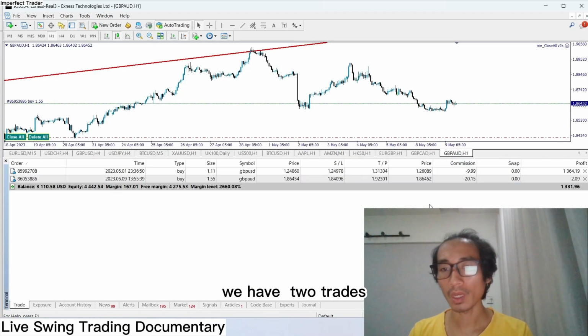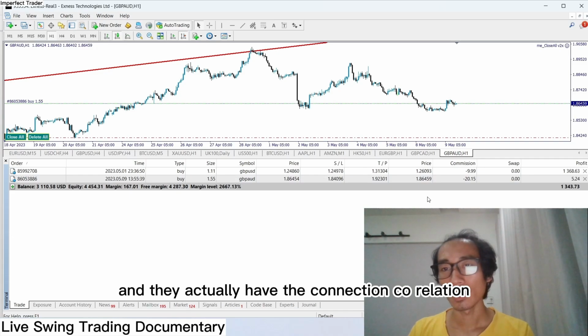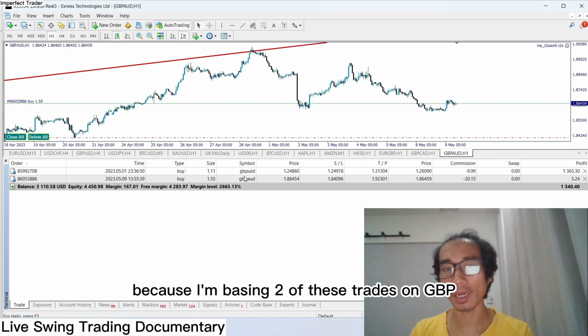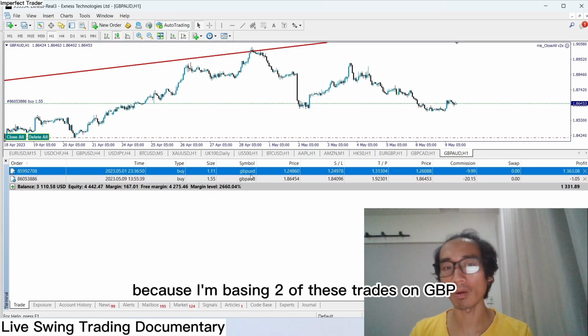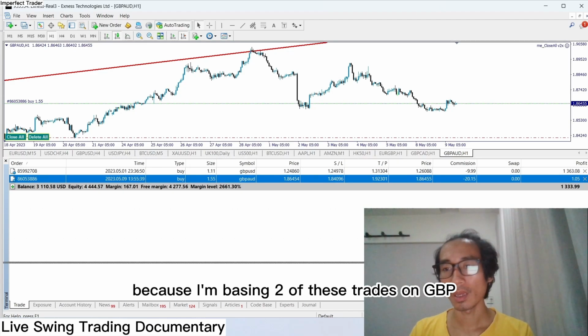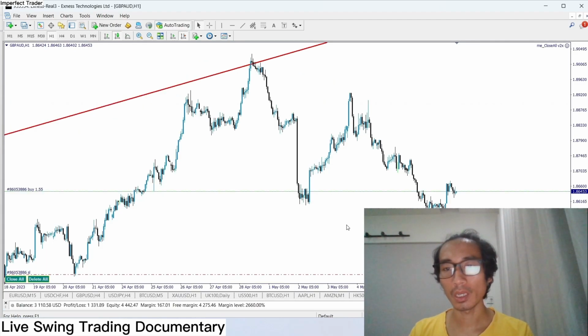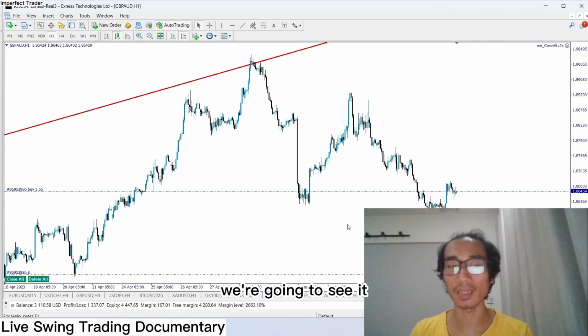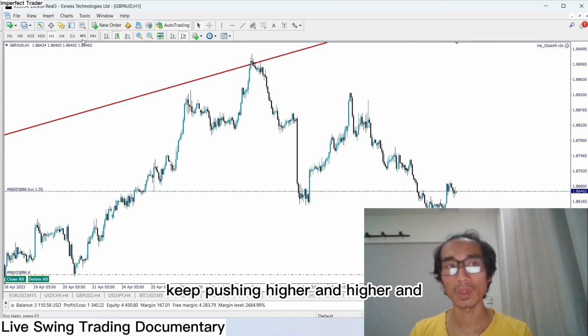We have two trades, both of them swing trades, and they have a correlation because I am basing both trades on GBP. If GBP keeps being bullish this week, we're going to see it keep pushing higher and higher.